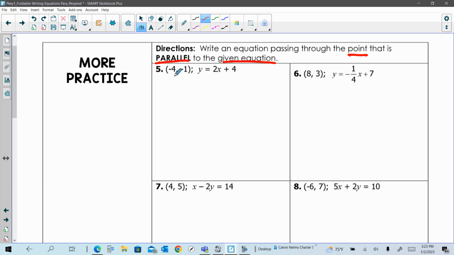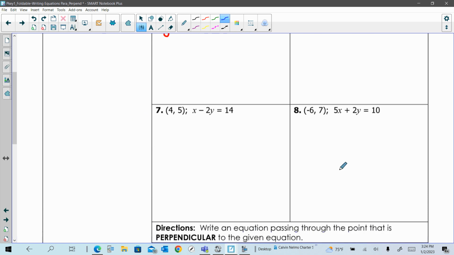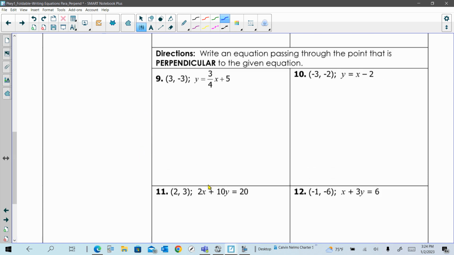Okay, so obviously our point here, this represents our x1 and our y1. In the equation here, our slope is 2, and we're just doing the exact same steps that we have in our foldable. We're going to plug everything in first, so this would end up being y plus 1 equals 2 parentheses x plus 4, and then we should be distributing and solving for y. So the first set here, we're using parallel. The next 4 is going to be perpendicular.